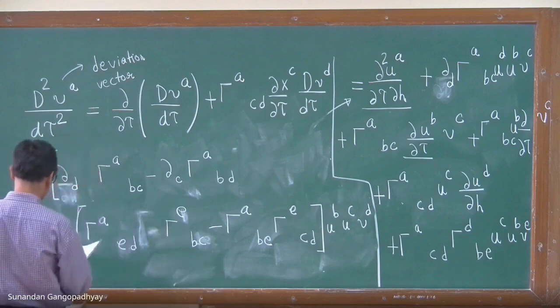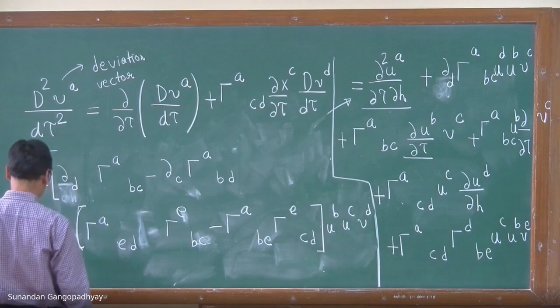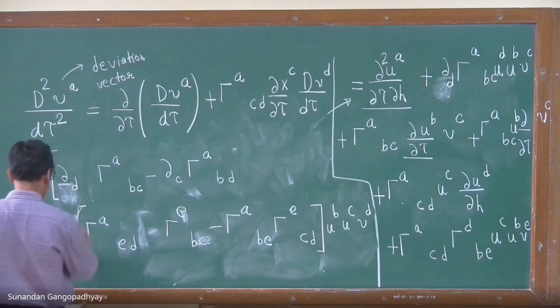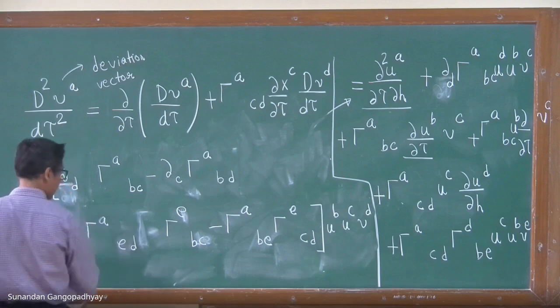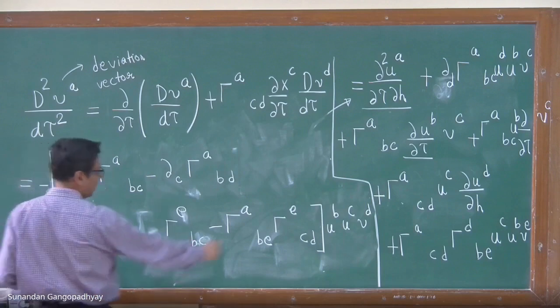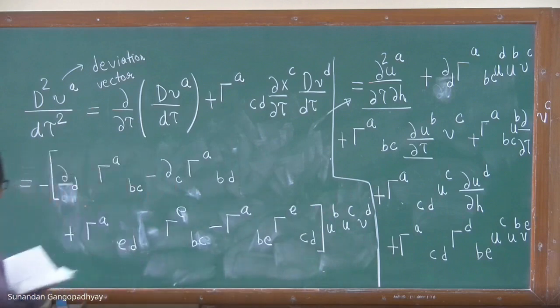So here also we had a minus. Take the minus common. This is just plus, minus here. This U V U C B. That's it.